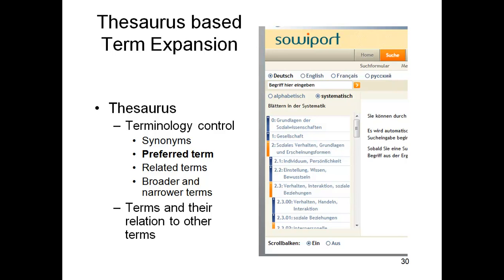That would be very simple. More interesting are, of course, synonyms, related terms, broader and narrower terms. Synonyms, I can expand a query with synonyms. I say, the user typed this word, but there are additional words that I know mean the same thing, like car, for example. I also know that automobile is more or less the same, and vehicle. Let's add this to the query, maybe without letting the user know, and hopefully then he will get better results.